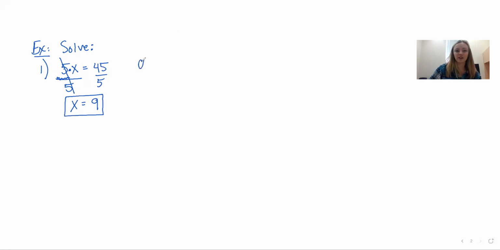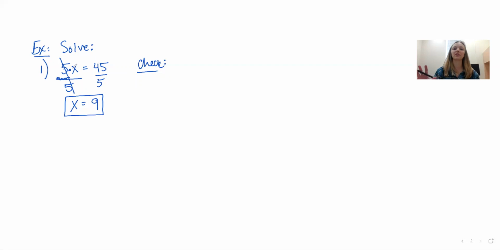So if we wanted to check this, you're going to take your solution, so 9, and plug it back in for x in the original equation. So we didn't do any simplifying, but if you did do simplifying before you solved your equation, make sure you plug into the original equation, just in case the problem was in your simplifying.